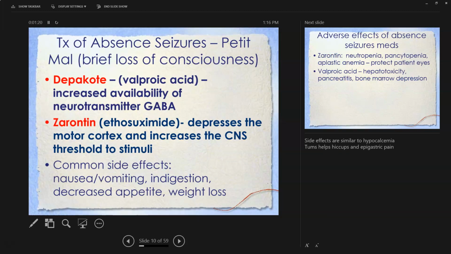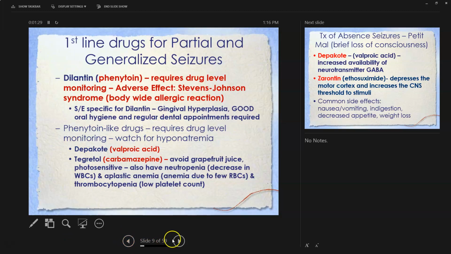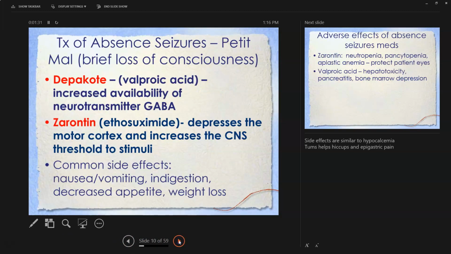Types of absent seizures we call petit mal seizures. They have a brief loss of consciousness, and they can take Depakote or Xarelto. Nausea and vomiting can be caused, as well as indigestion, decreased appetite, and weight loss.